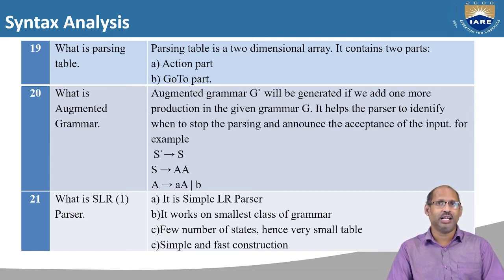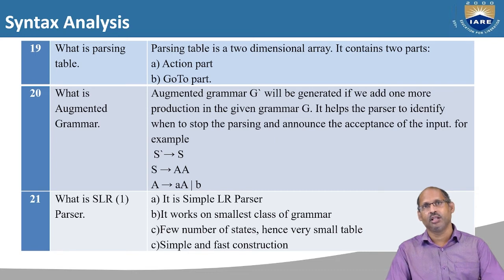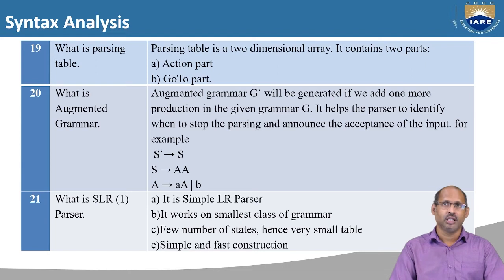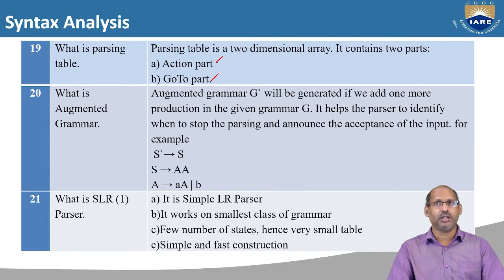So what is the parsing table? The parsing table has two parts. One is the action part, another one is the goto part. The action part of the parsing table will consider the column headers as the terminal symbols, whereas in the goto part, the column headers are non-terminals.